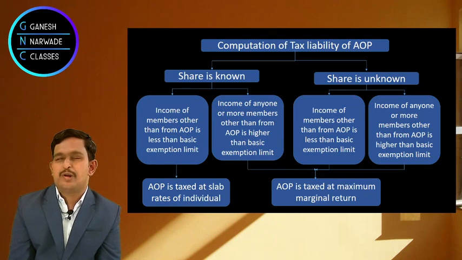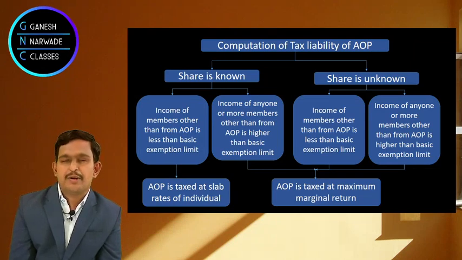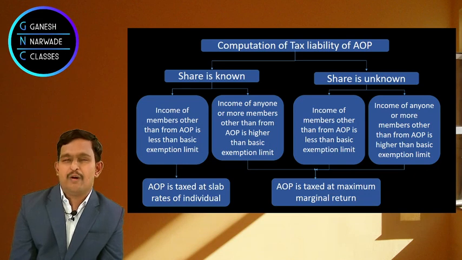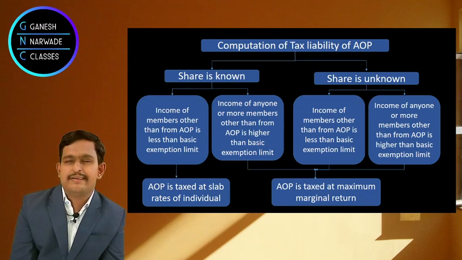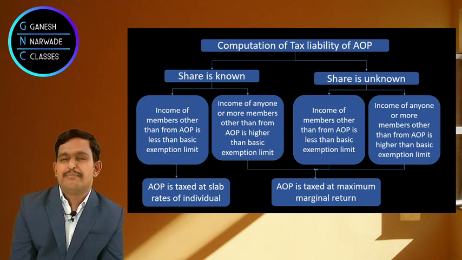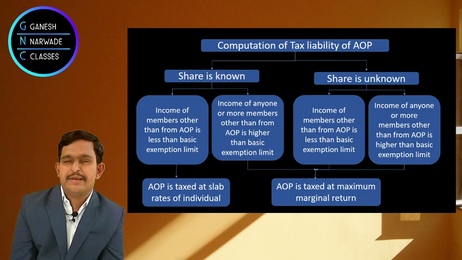Now please try to remember, we are talking about tax rates of AOP BOI when the members' share is known and all members' income other than from AOP is individually less than the basic exemption limit. Very good. We did not include AOP's income till now.